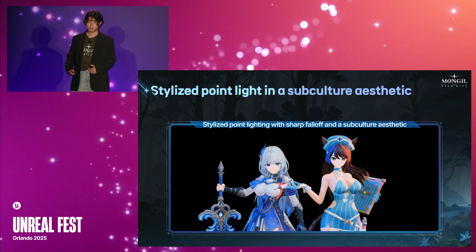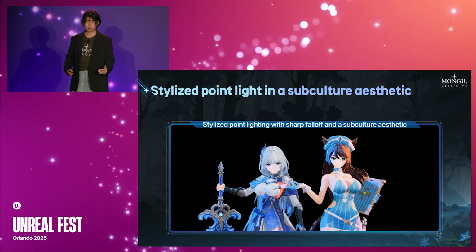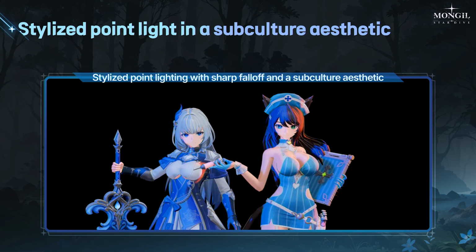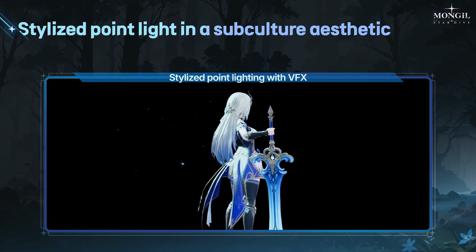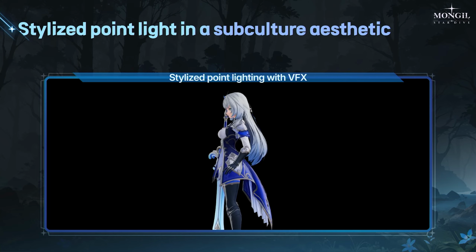So I modified the point light to have a more defined and characteristic style, as shown in this video. This new point light rendering is also highly suitable for anime-style VFX.